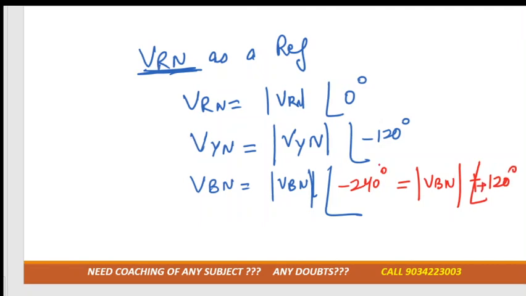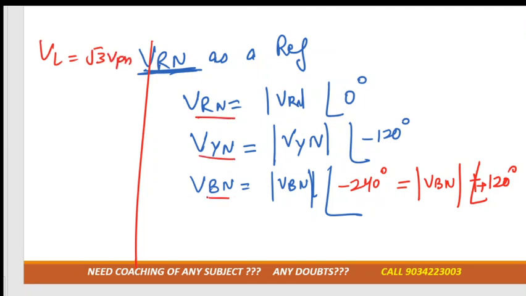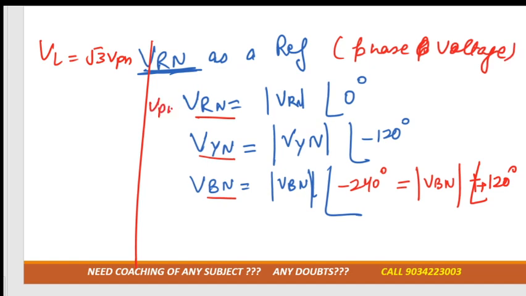Okay, understood? Now I told you that VL is equal to root 3 VPH. Wherever N comes, as in RN, YN, BN, that is the phase voltage. VRN is also the phase voltage, VYN is also the phase voltage, and VBN is also the phase voltage.